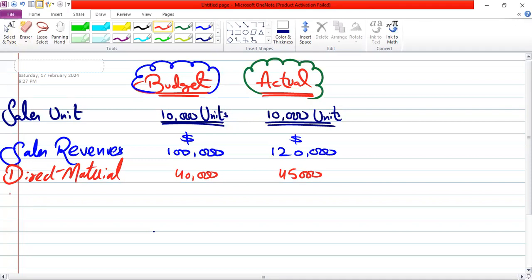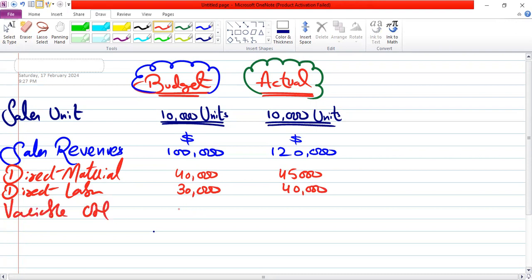But variation is there. My labor budget was, let's say, 30,000, but I paid the labor around 40,000. Then variable overheads. Let's say my variable overhead budget was 20,000, but I managed it in $18,000.